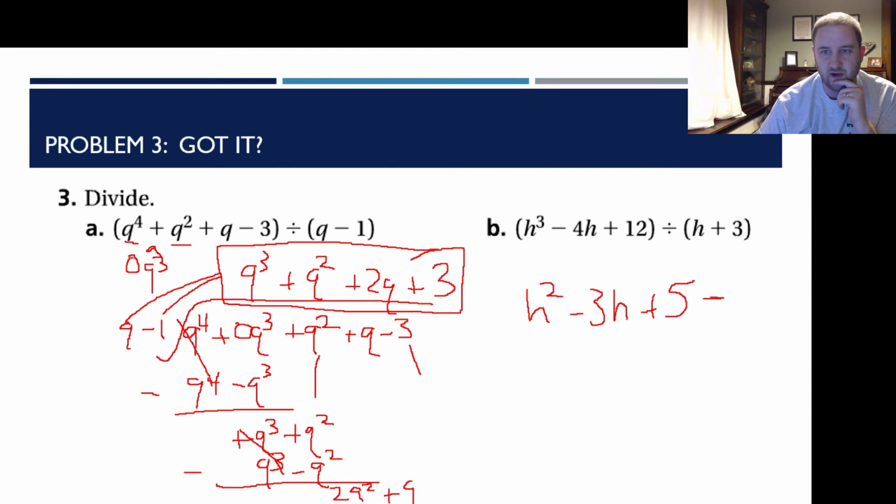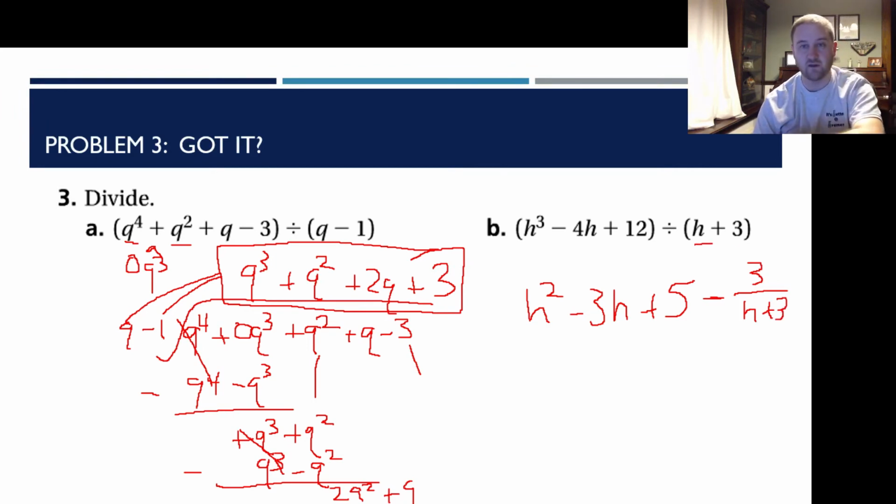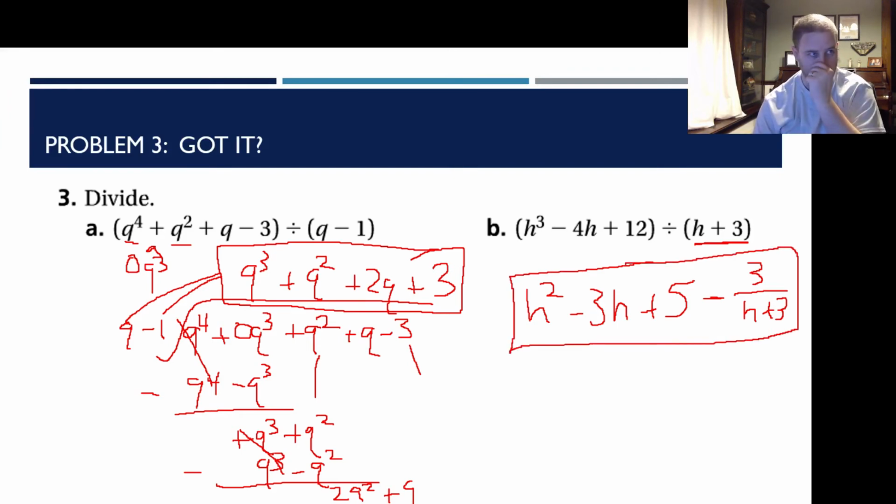And then we have a remainder. We're going to have minus 3 over h plus 3. Remember, when you have a remainder, you put it over this thing that you're dividing by. So this should be your answer for part B.